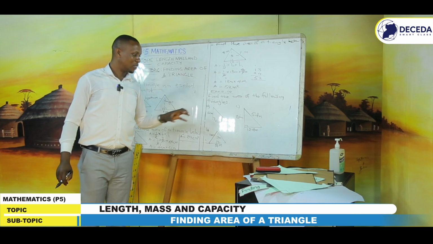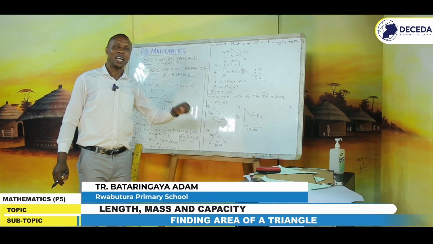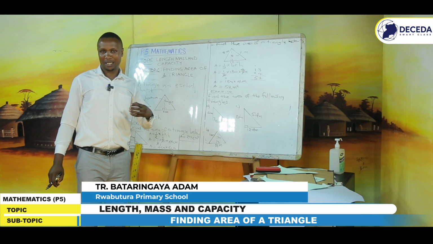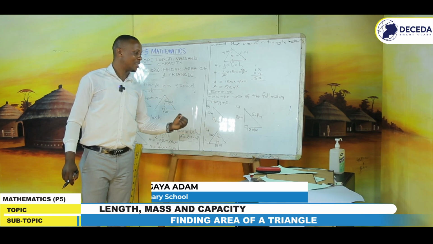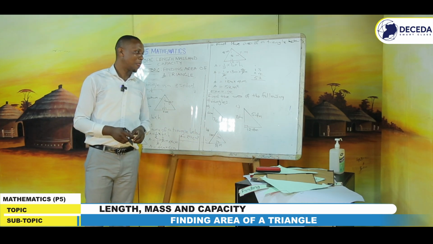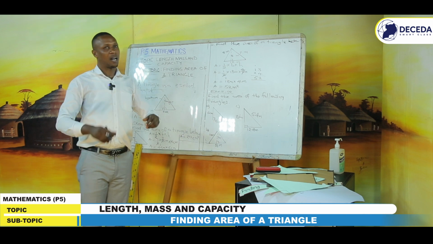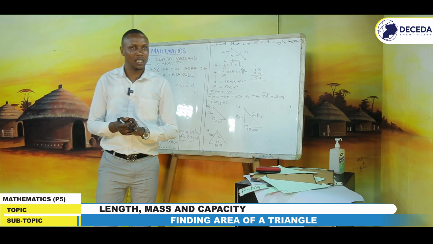Then number 2, the area of this figure is in centimeters squared. That should be squared. So in case you don't put squared, it means that also your answer is marked wrong. So do these numbers.